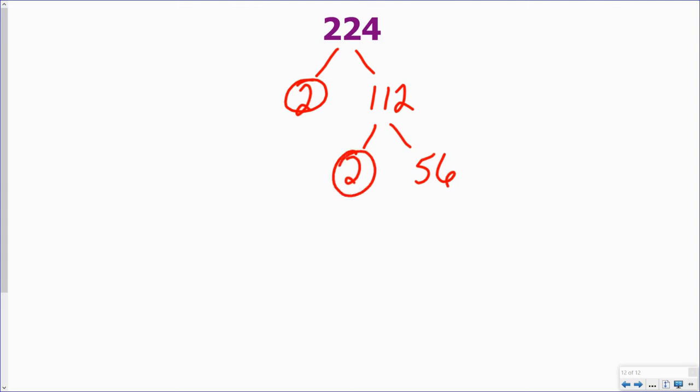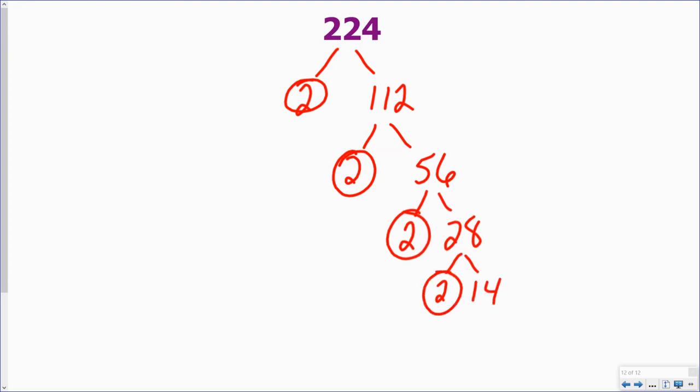Again, 2 is prime. 56 again is even, so I can divide it by 2, and that gives me 2 times 28. Again, 2 is prime, 28's even. So I can do 2 multiplied by 14. Again, 2 is prime. And then 14 is 2 multiplied by 7. Well, 2 is again prime, and so is 7.